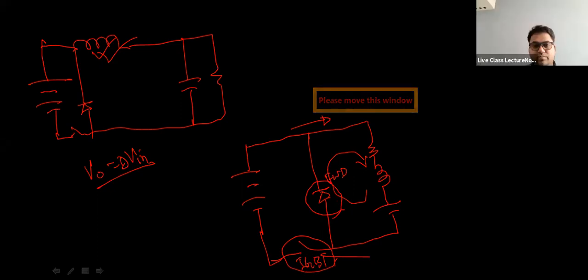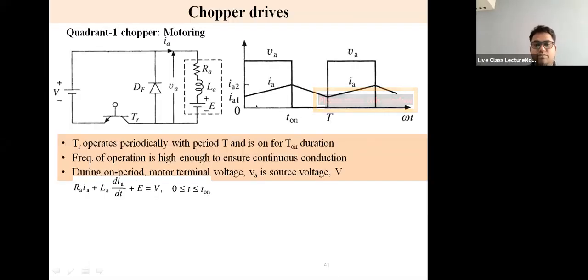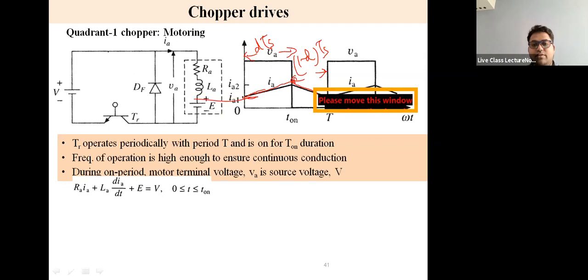Now this would be the D Ts, this is the on time, and this will be the 1 minus D into Ts, the off time. During the on time, the current rises linearly through the motor and then again goes down, and the level of this point should be equal to the level of this point.